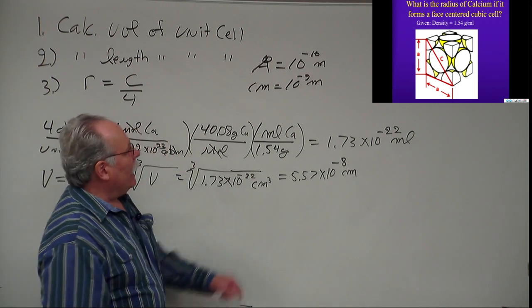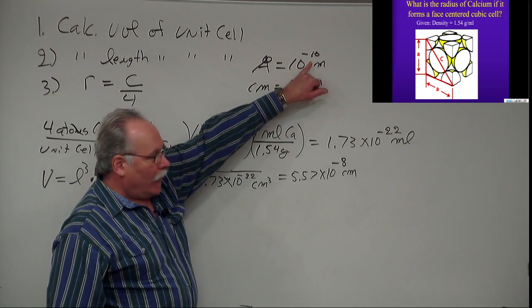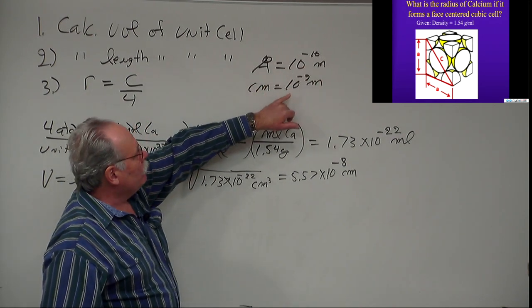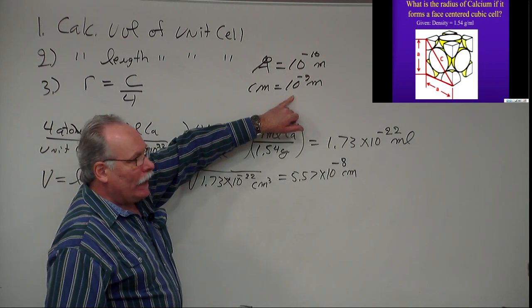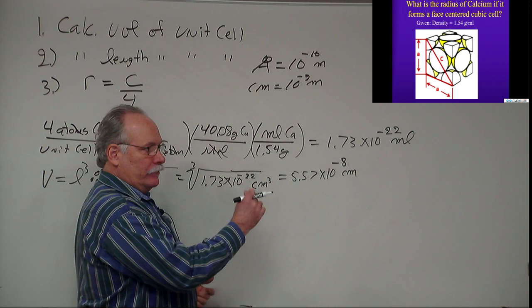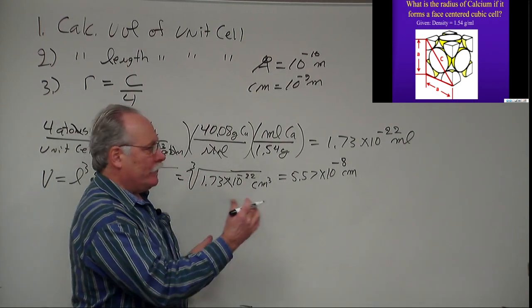So I can say that 10 to the 10th angstroms is 1 meter, and 10 squared centimeters is a meter. That is, 10 squared is 100, centimeters is a hundredth, so 100 hundredths is 1.